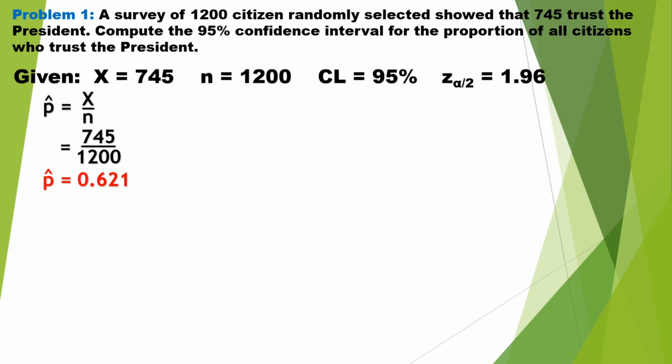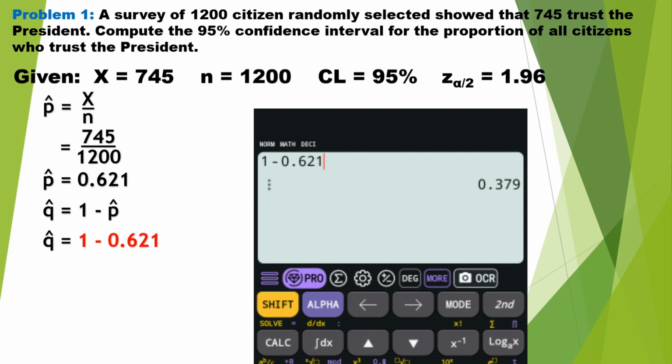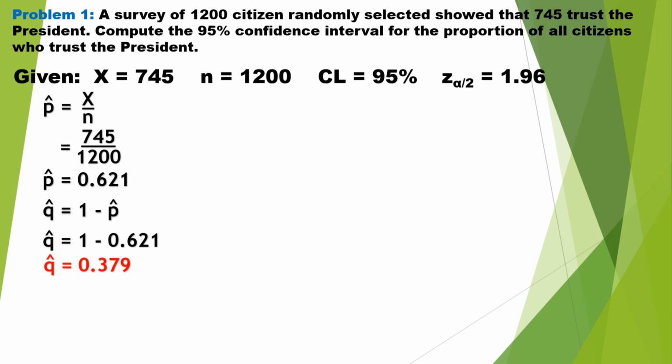So the P hat is equal to 0.621. Next, solve for the value of Q hat using the formula 1 minus P hat. Substituting P hat to 0.621, 1 minus 0.621 equals 0.379, and that is now the value of Q hat.